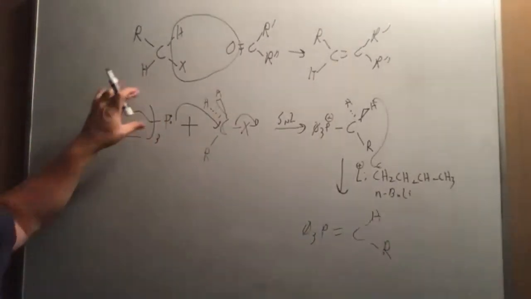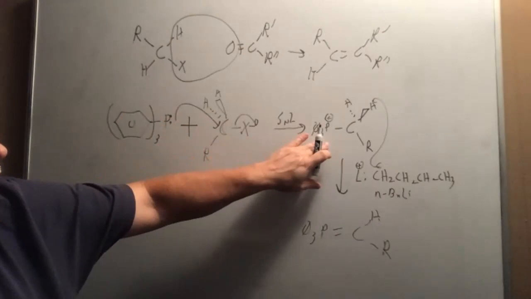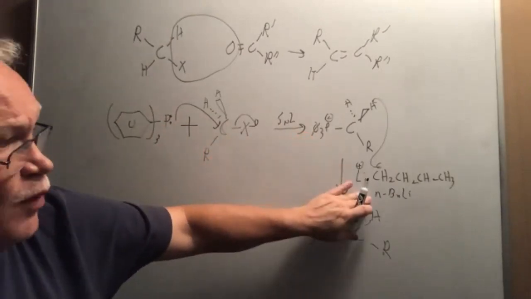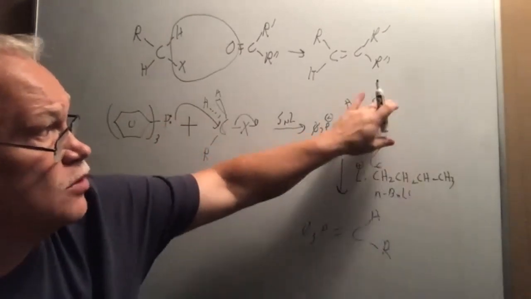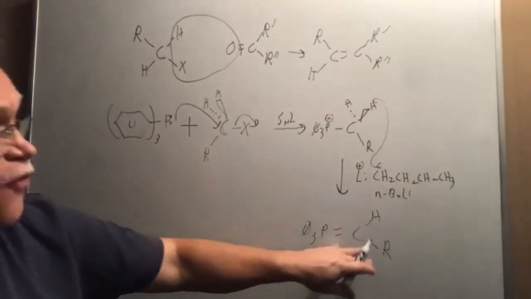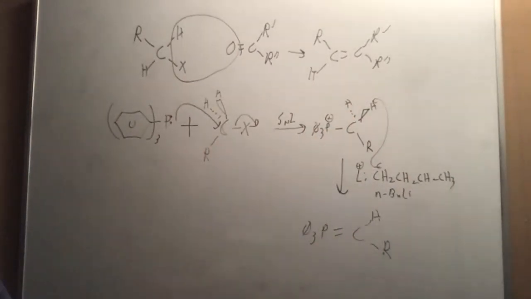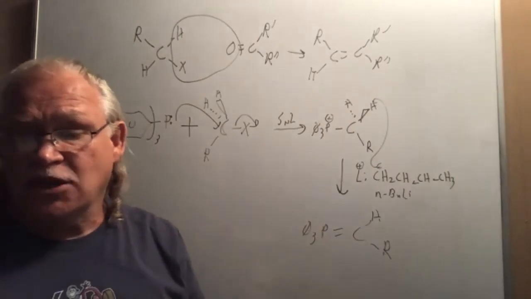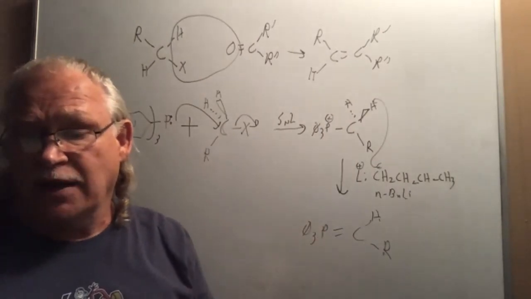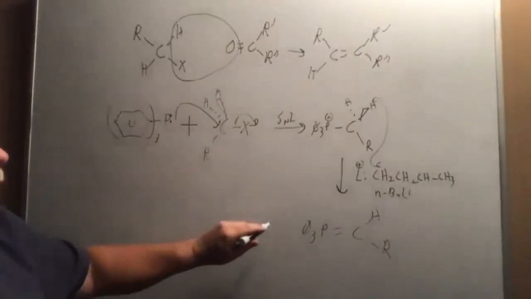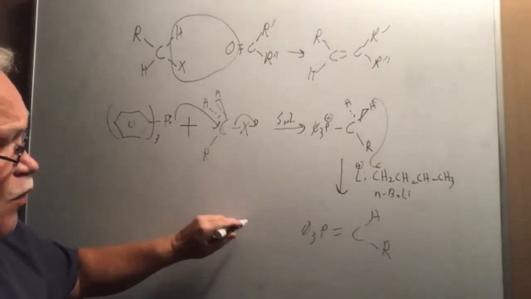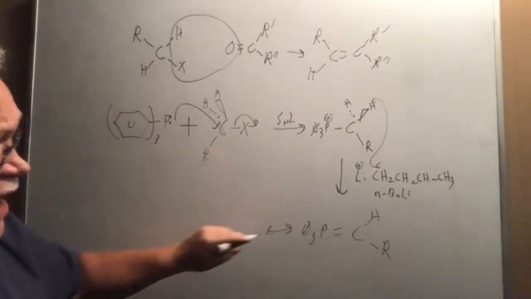So the first step was just an SN2 backside attack, treated with N-butyl lithium to pull off one of the hydrogens to form this. Now this compound has a resonance structure in it, and it's shown in the notes. We can take this and rewrite it using resonance like this.